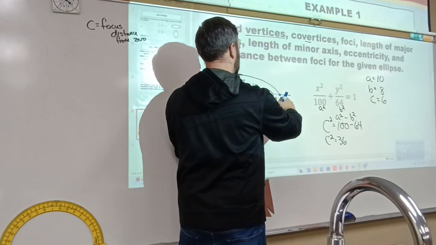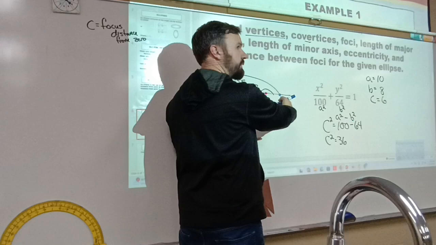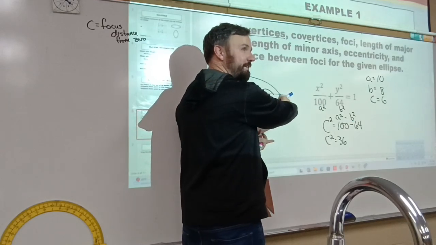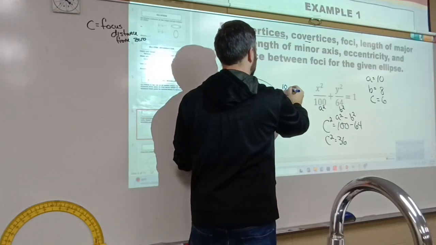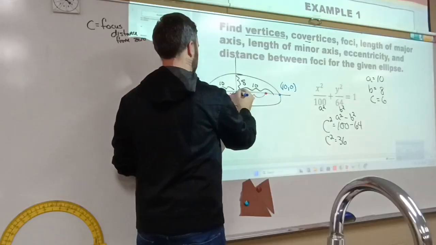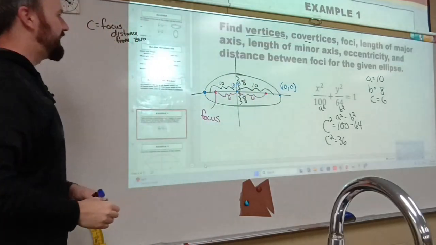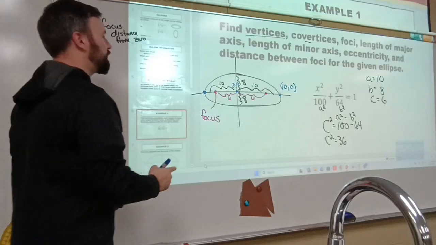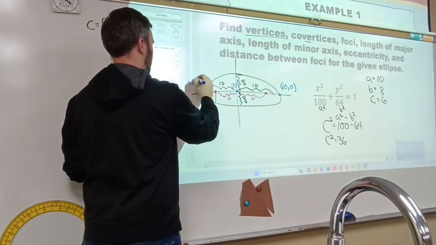What point is that on the coordinate plane? 10, 0. That's 0, 0, so that's 10, 0. What's the other vertex? Negative 10, 0.